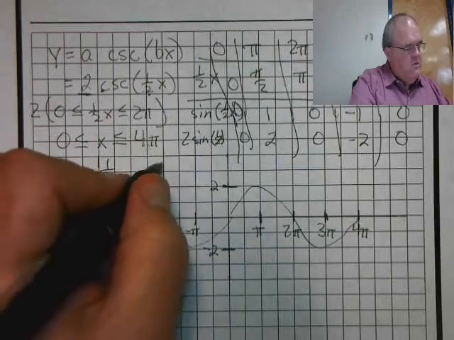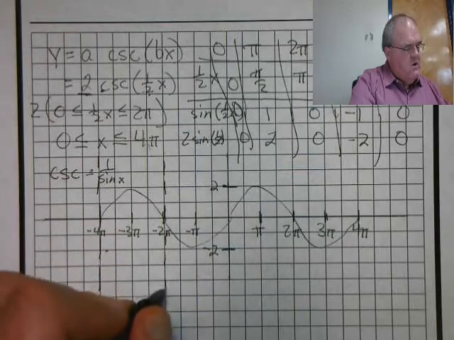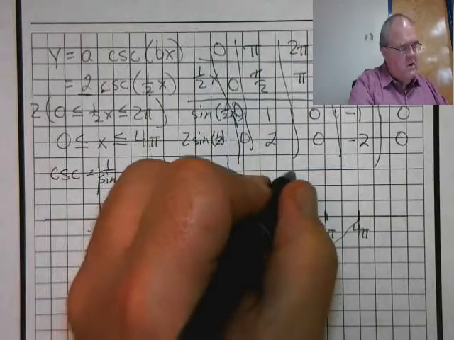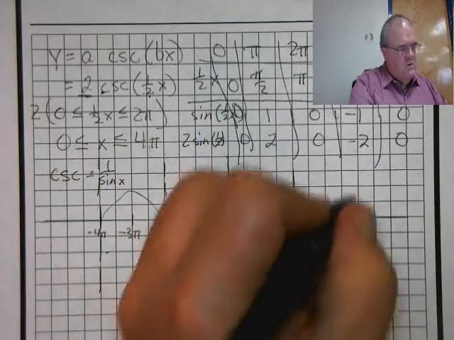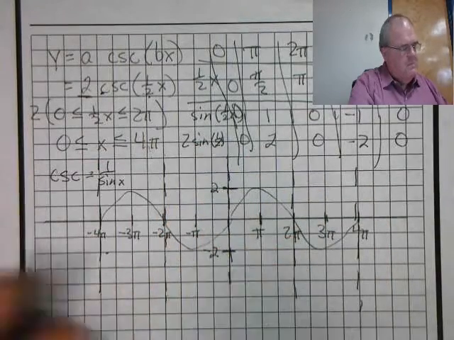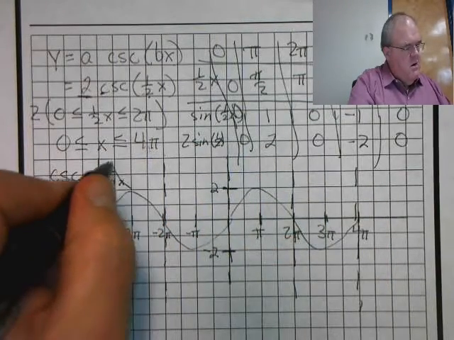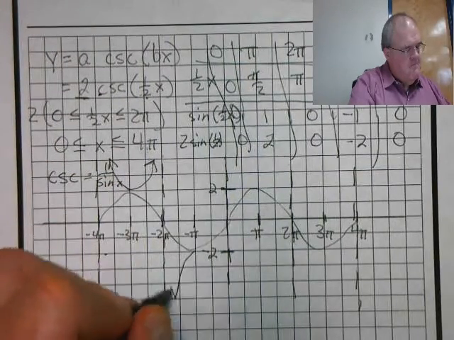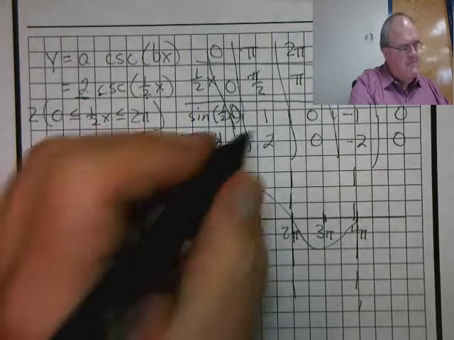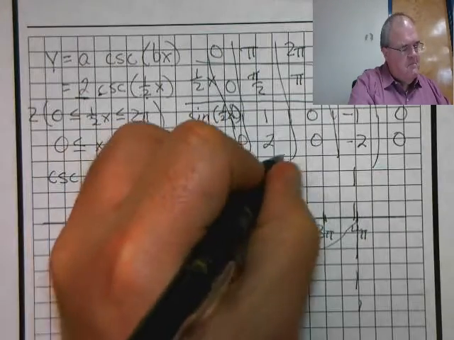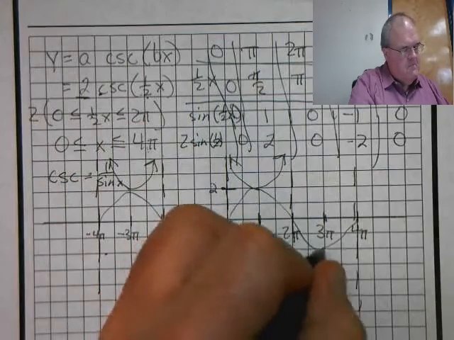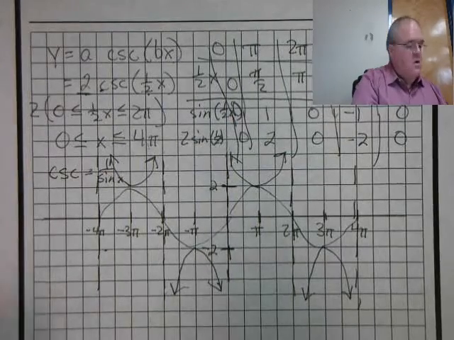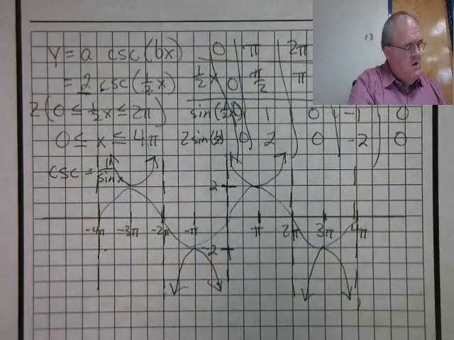Your asymptotes are where your curve hits y equals 0, and asymptotes are drawn with dashed lines. So the cosecant is going to be these guys.